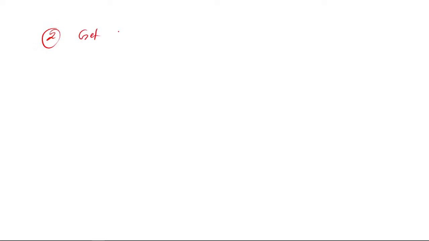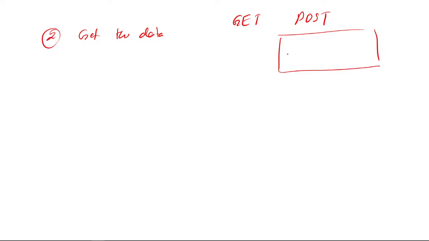Then the second step, get the data. How do we get that? That's where we have the get and post methods. These are kind of like 2D arrays, where we can access array elements using an index.